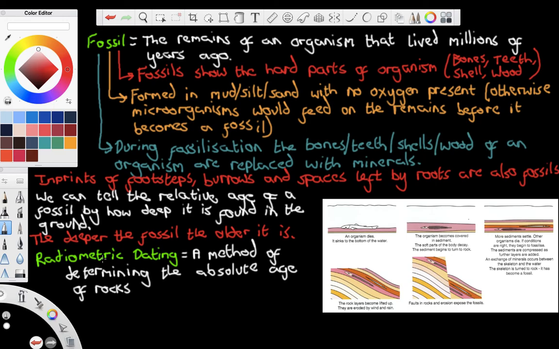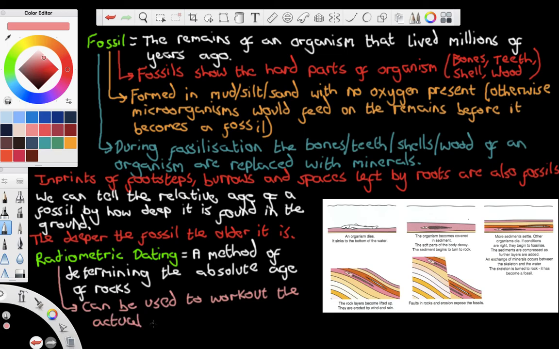Now, this is important because we can use it to determine the actual age of a fossil. So we can put underneath here, can be used to work out the actual age of a fossil. Now, you don't need to know how that works, you just need to know about it.